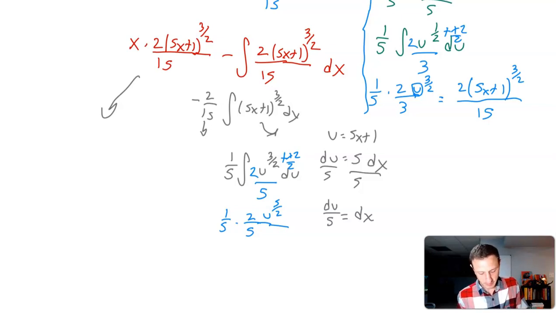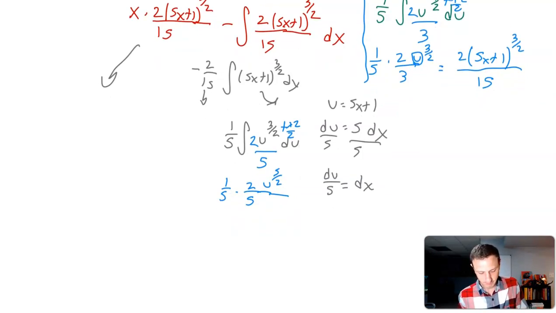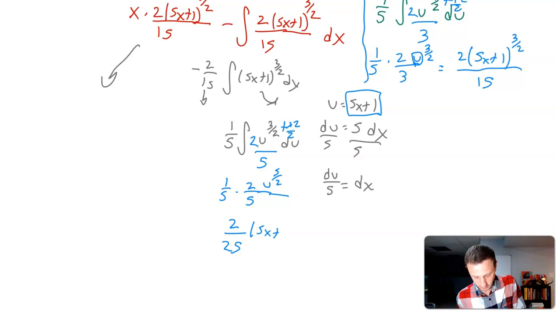Couple things that need to be multiplied here. We're going to have 2 over 25. I'm going to take out the u, replace it back with 5x plus 1. So that's going to be 5x plus 1 raised to the 5/2.